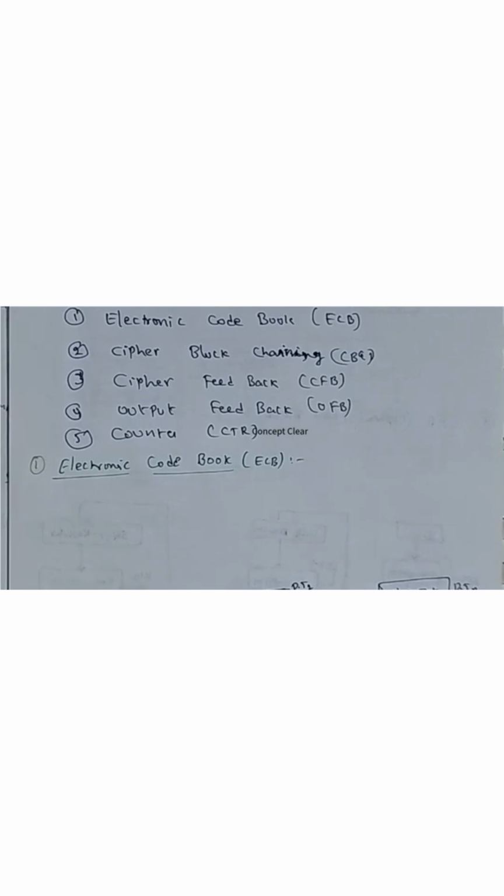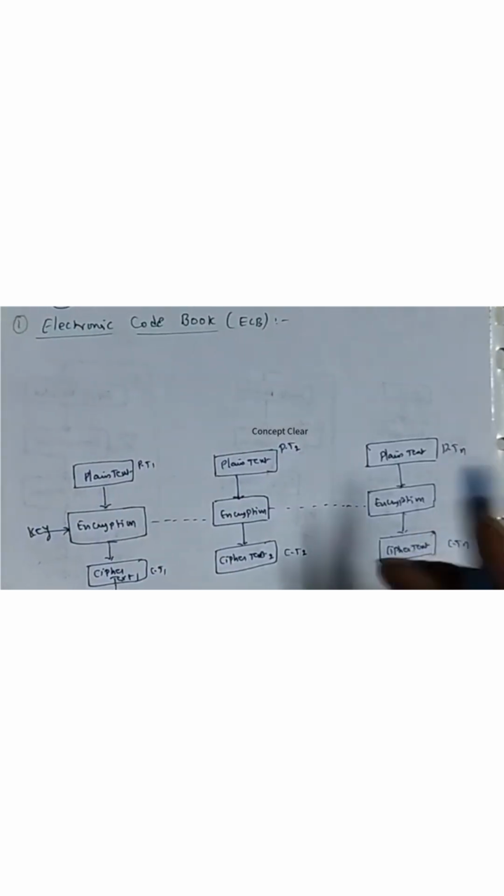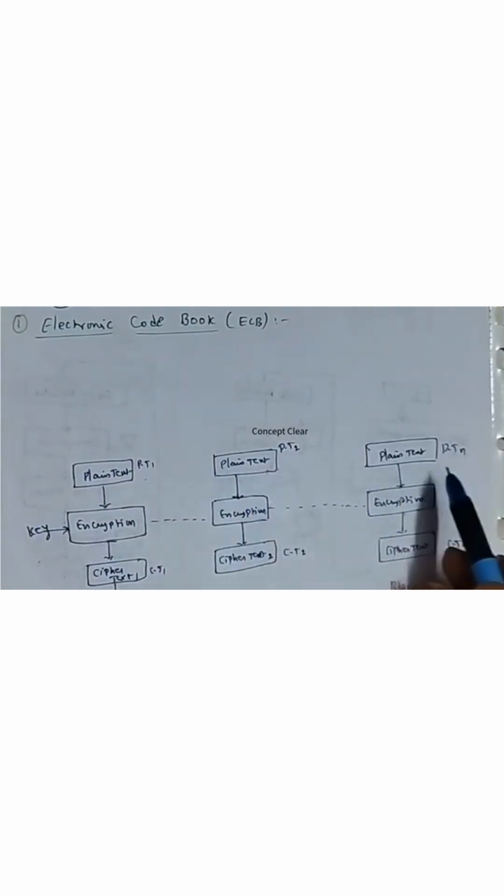Again, by using the key you will decrypt the ciphertext into plain text. This process is continued from the first block up to the Pn block.